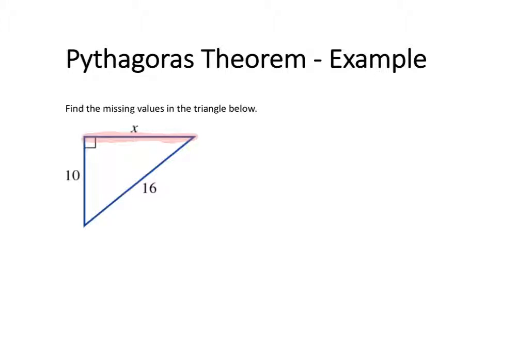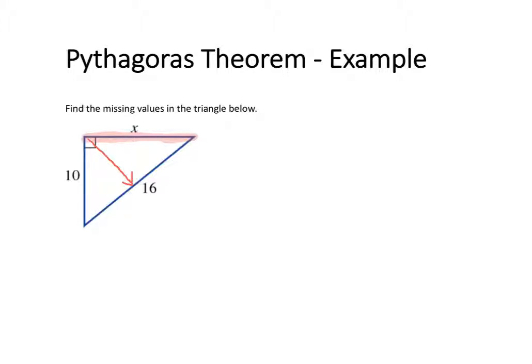So my first part of answering the question is to go through and label the diagram in my question, or the sides A, B, and C. Now side C needs to be the hypotenuse side. And I find the hypotenuse side by looking at my right angle and looking at the side opposite my right angle. And that is going to be 16.